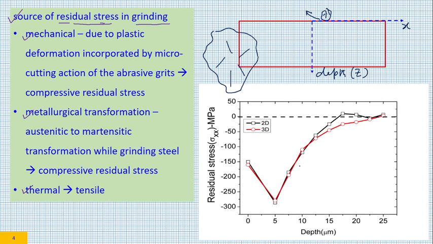That primary rubbing has introduced what is known as plastic deformation within the surface, and because of this plastic deformation, compressive residual stress gets induced.